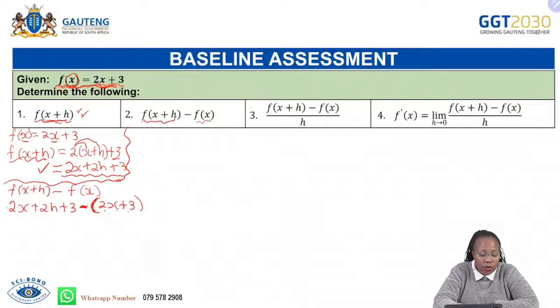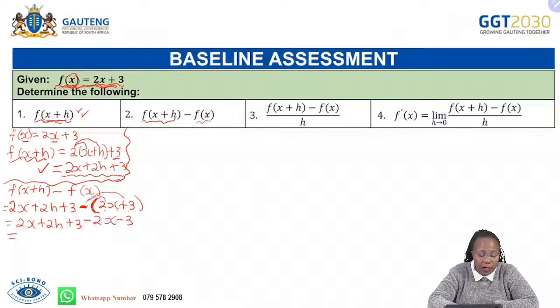So you end up with 2x plus 2h plus 3. We are now going to multiply the negative in onto both terms. It will be minus 2x minus 3.